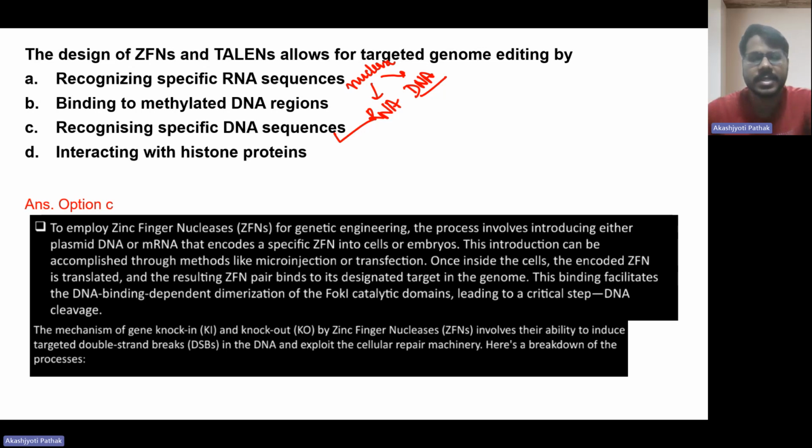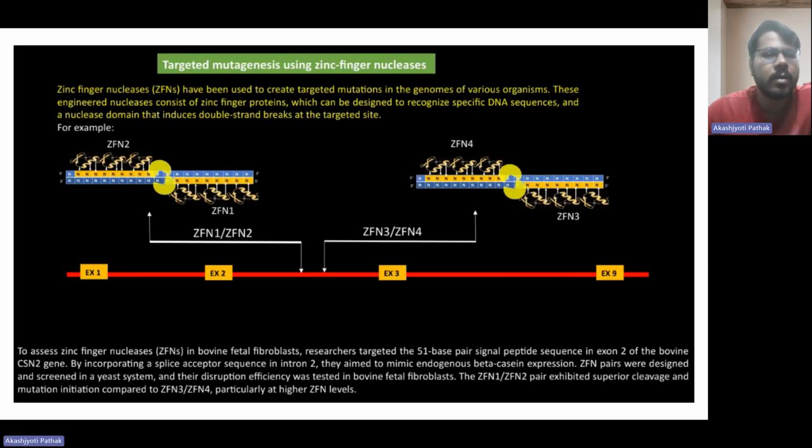These are from the lecture slide, where it is explained in quite some detail. You see here how zinc finger nucleases work. If you want to create targeted mutations in the genome of various organisms, how can you do that? You can engineer nucleases which consist of zinc finger proteins.